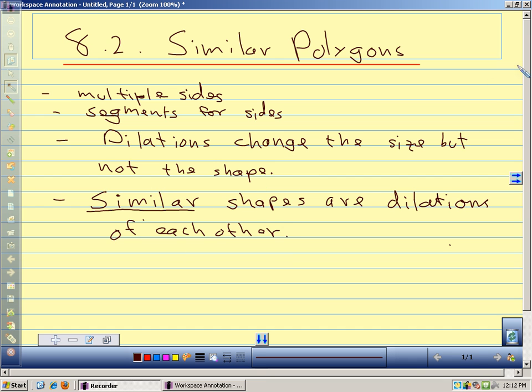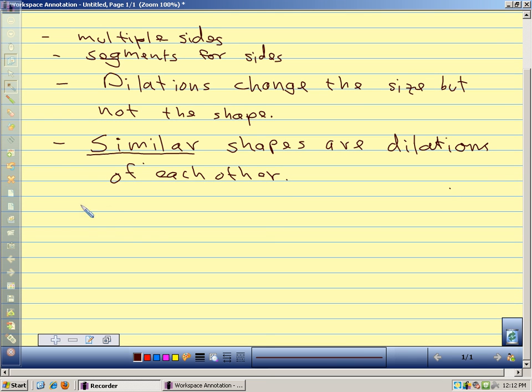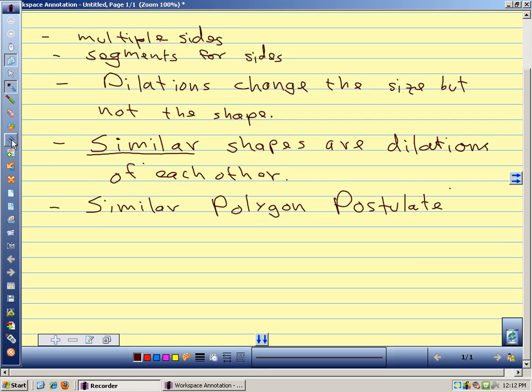So we're going to come up with a postulate. I'm going to just call it the similar polygon postulate. And what do we mean by postulate? What is a postulate?